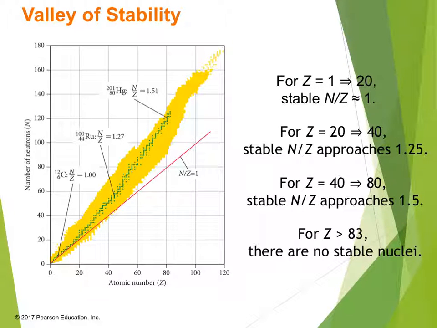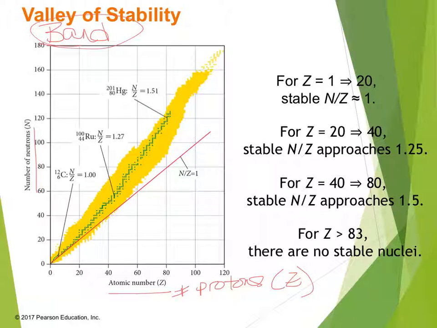We have something we call the valley or band of stability, and this might show up not only on your final but also perhaps as a multiple choice question on your exam, where on the y-axis is the number of neutrons in a nucleus, and on the x-axis is the number of protons, which of course hopefully by now you've noticed chemists call Z. And for the first 20 elements or so, the ratio of neutrons to protons is 1.